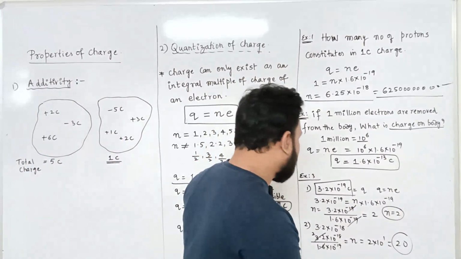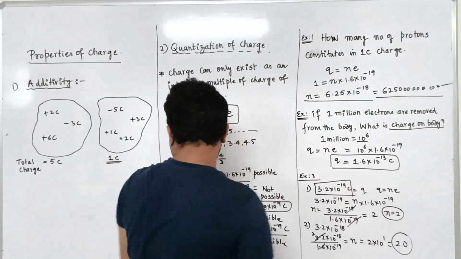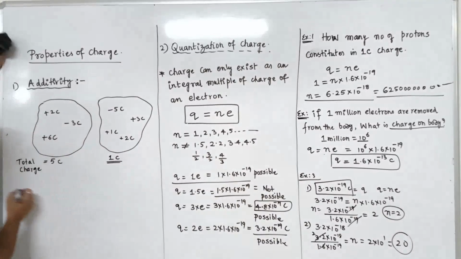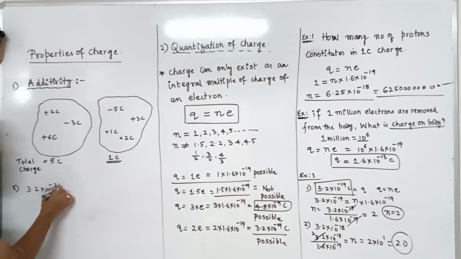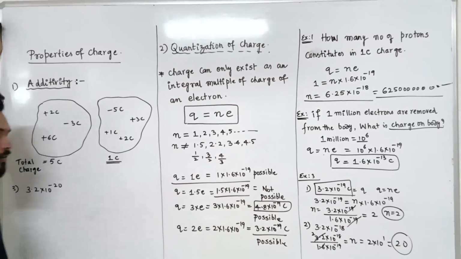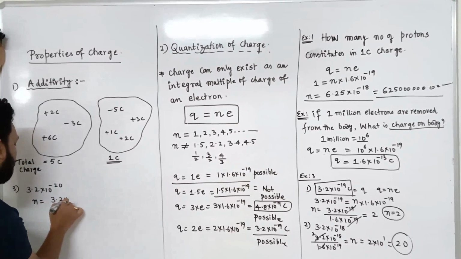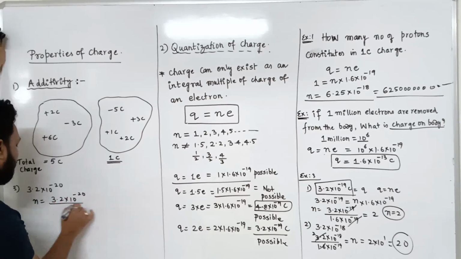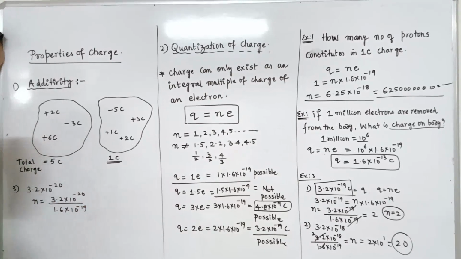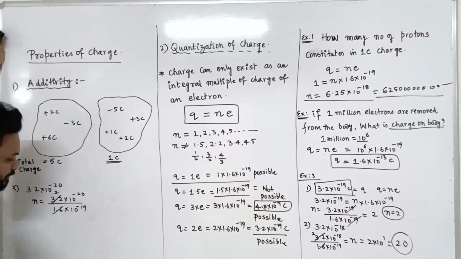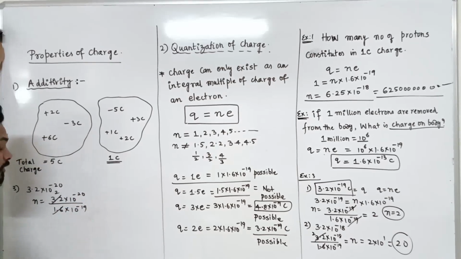Suppose if I ask, let's say, the third one, 3.2 into 10 to the power minus 20. This charge will exist or not? Say n equal to 3.2 into 10 to the power minus 20 divided by 1.6 into 10 to the power minus 19. This will be 2. 10 to the power minus 19 goes up, it will be 10 to the power plus 19.